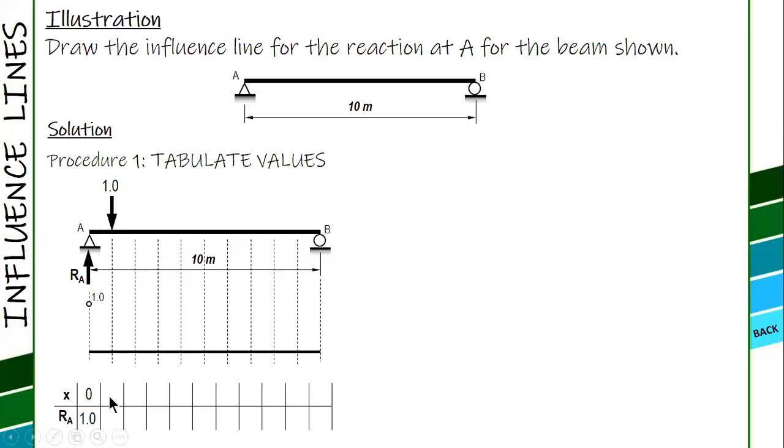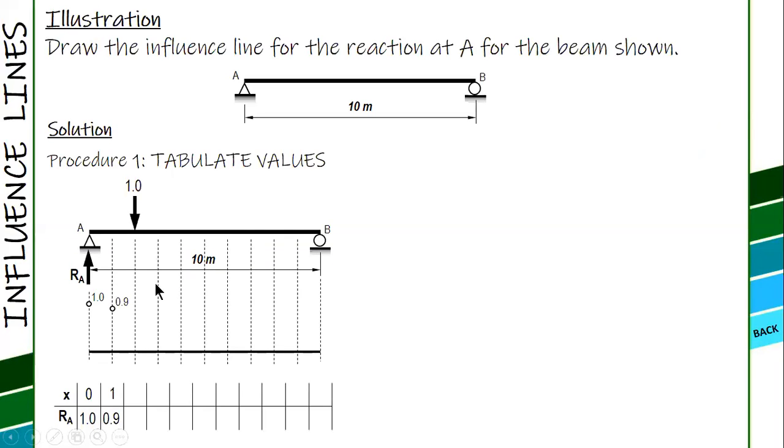Move x equals 1, use statics. Sum moment at B: 1 times 9 minus RA times 10 equals 0. And you have RA equal to 0.9. So plot 0.9.